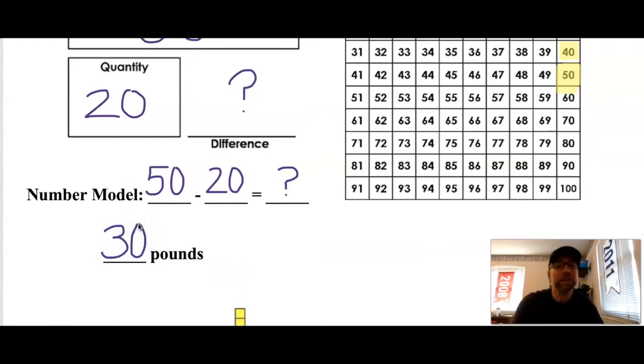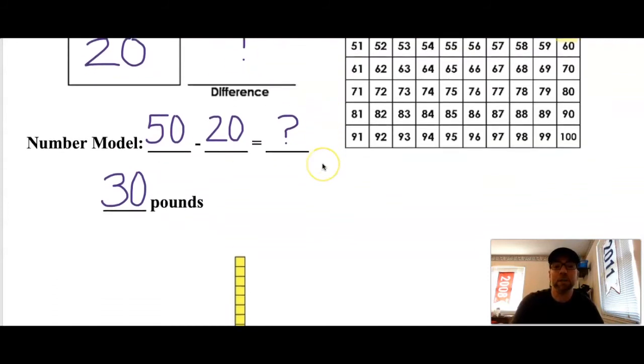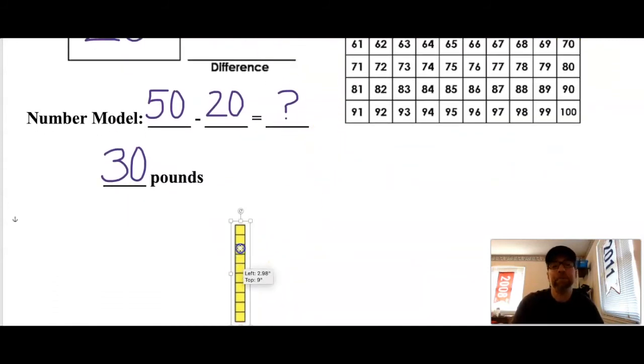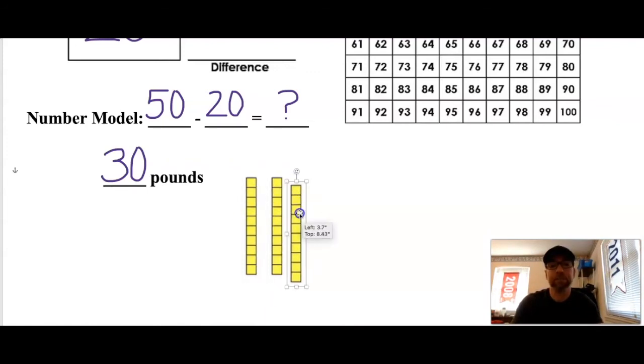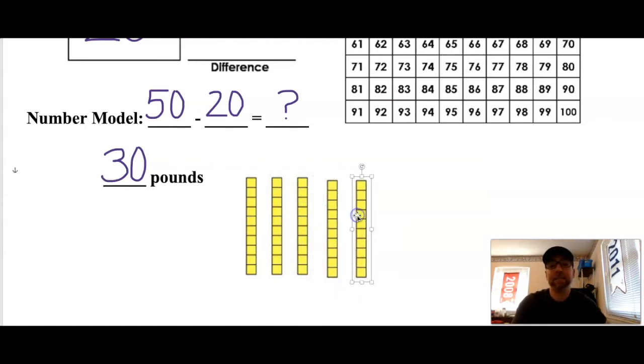Now this problem can also be done with longs. Let me show you. If I had 50 in longs, that means I would have 5 longs. Here they are. That gives me 50. 10, 20, 30, 40, 50. And if I want to take away 20, that means I'm going to take away 10, 20.